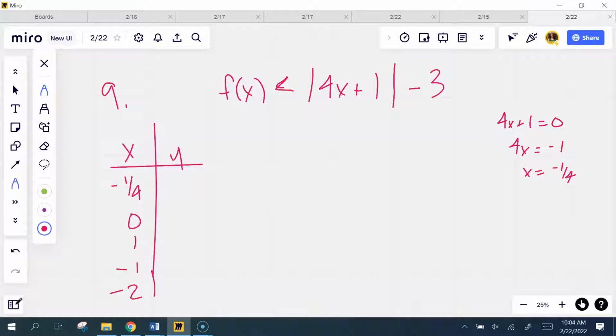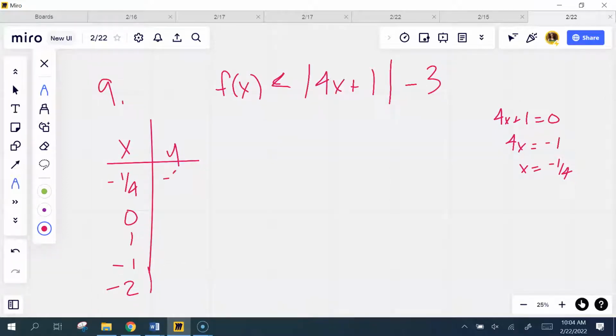If I plug in negative 1/4, of course this gives me 0, and then minus 3 would be negative 3. If I put in 0, 4 times 0 is 0, and 0 plus 1 is 1, and 1 minus 3 would be negative 2. If I plug in 1, I get 4 times 1, which is 4, plus 1 is 5, and 5 minus 3 is 2.